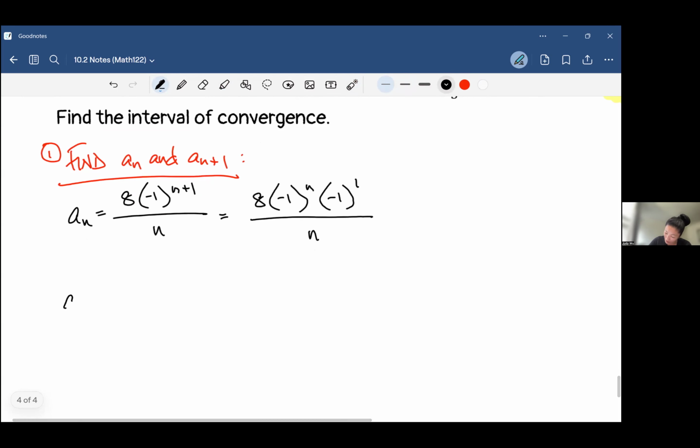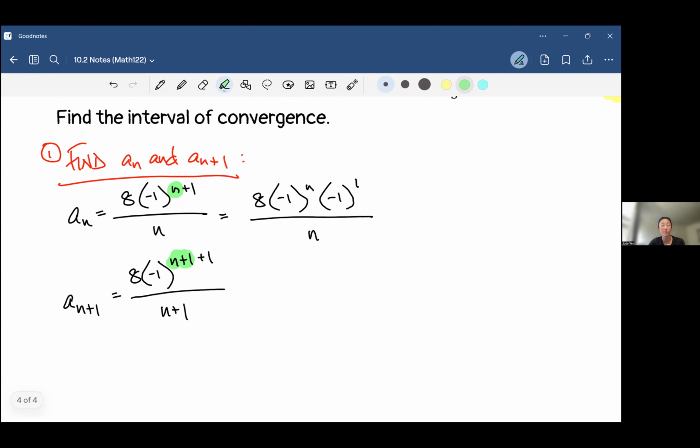All right, now find our a sub n plus 1 is 8 times -1. Now, instead of n plus 1, the place where I see the n, like just the n, the green bit, that's where I'm going to put n plus 1. So I'm going to get n plus 1 plus 1 over, instead of n, I have n plus 1. Okay, so really, I did the same thing.